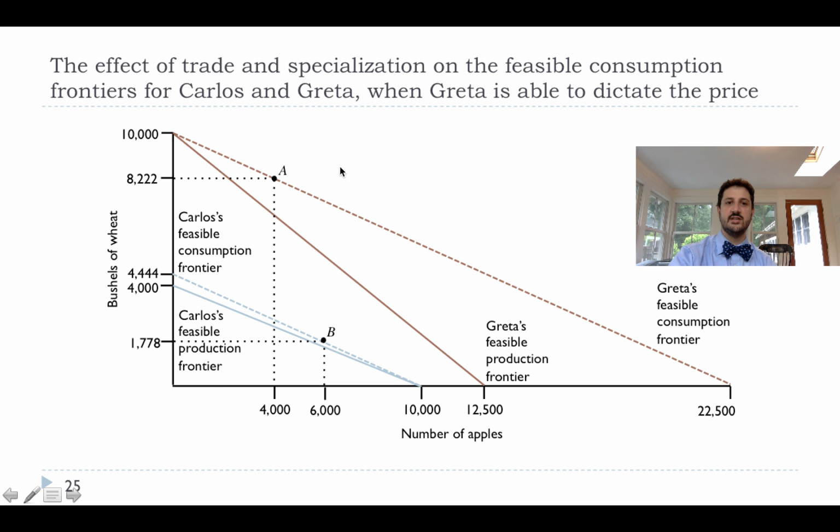And so in this case, Greta would be able to consume even more wheat, and Carlos would consume a little less, although he would still be consuming more than he would be able to by himself. And of course, that has to be the case, right? Because otherwise he could just say, no, I'm not interested in trading. So as long as the trading is voluntary, then we know that the trade is improving his ability to consume.